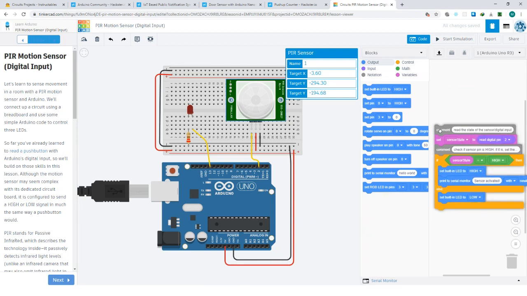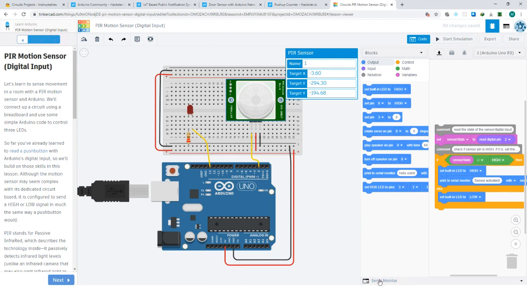You can even see, if you read here, set sensor state to read pin 2. So the sensor is already connected to pin 2 here. And then what do you say? If sensor state is high, because remember, sensor state will be high, what do you do? Make LED high. And then you can also print in the serial monitor.